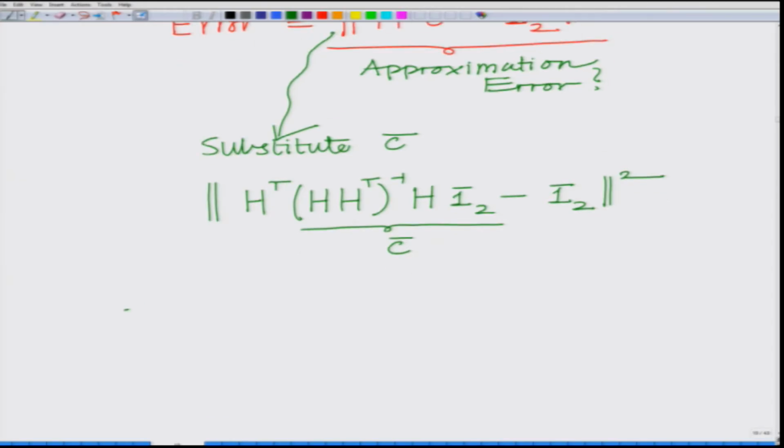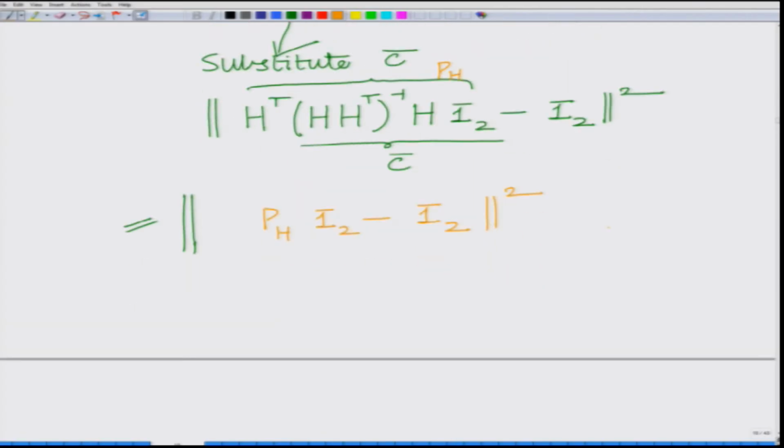Now I can write this as the norm of, let us denote this whole matrix by the quantity PH. I can write this as PH times this vector 1 bar 2 minus 1 bar 2, norm square, and this PH will have an important role to play.